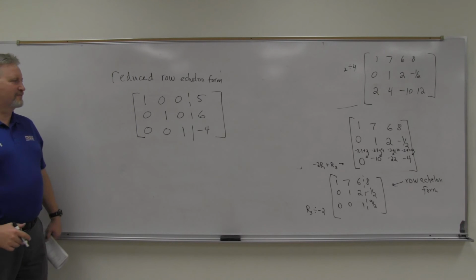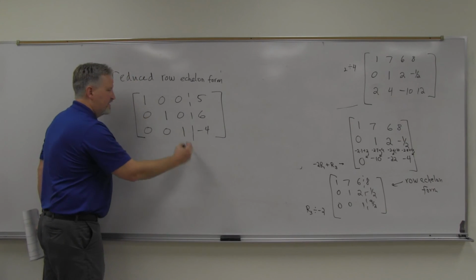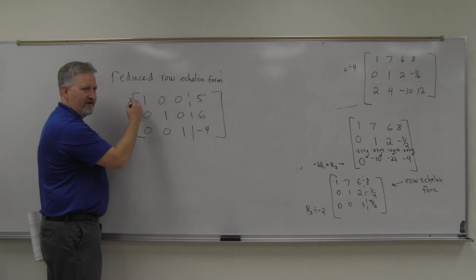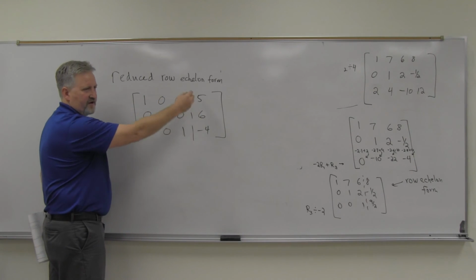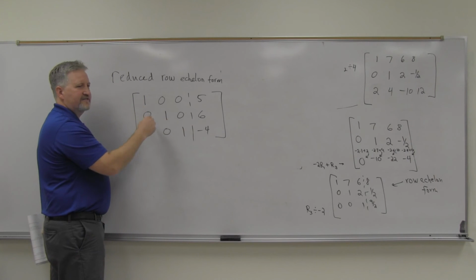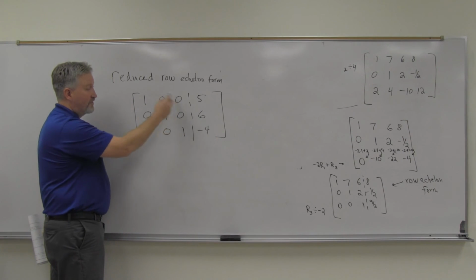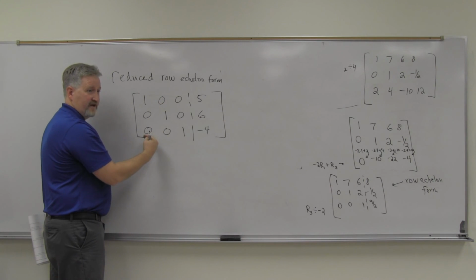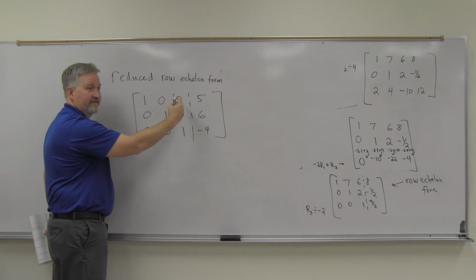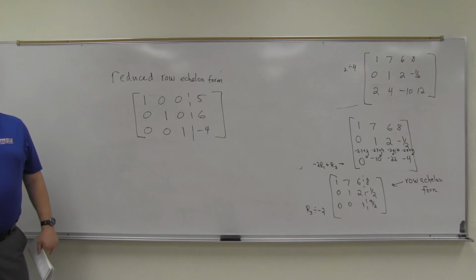Reduced row echelon form has the diagonal as 1s, but everything else, besides the constants over here, is zeros. The ones off of the diagonal are zeros. So not only do you have zeros below the diagonal, you've got zeros above. See what I'm saying? That's reduced row echelon form.